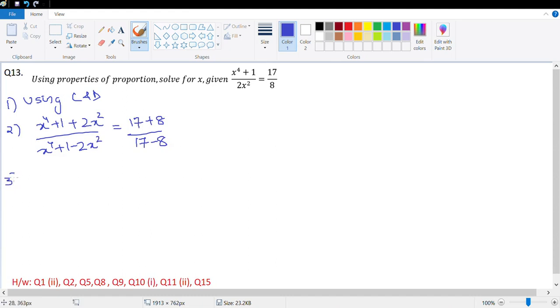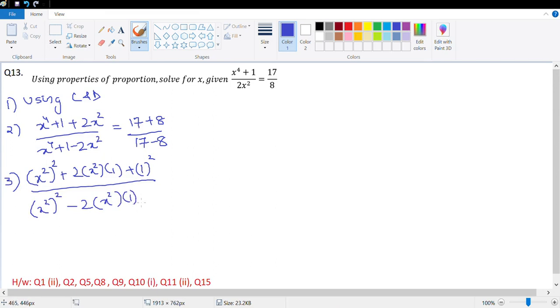I notice this can be written as (x square) to the power 2 plus 2 times x square multiplied with 1 plus 1 square, which means I am trying to convert this into (x square plus 1) the whole square, and the denominator to me looks like (x square minus 1) the whole square. Yes, that's correct, and this is 25 upon 17 minus 8, that's 9.